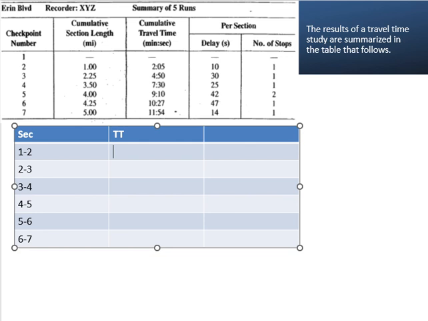So we already calculated the travel time for each section. For the first section, it was 2 minutes 05 seconds. What was it for the second one? We did it in the last lecture.